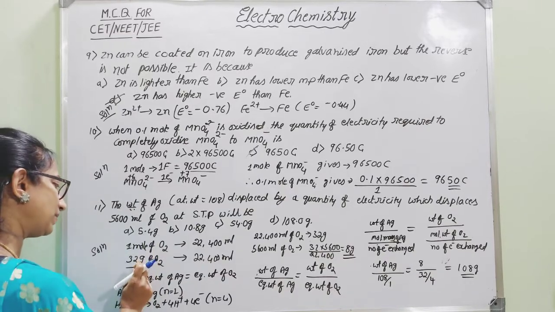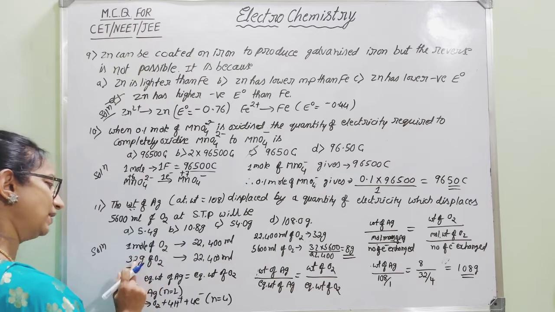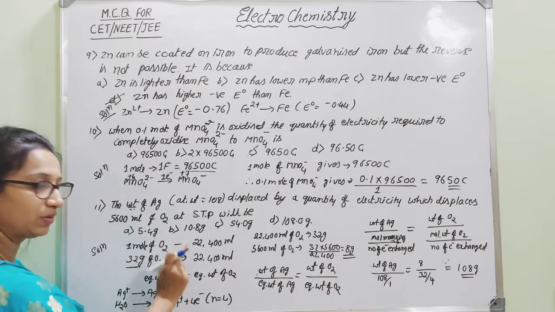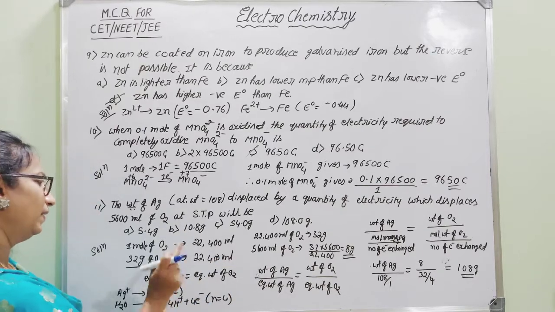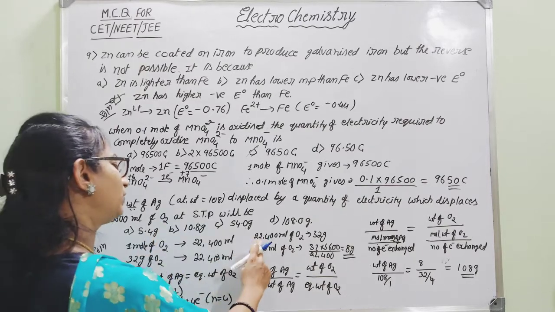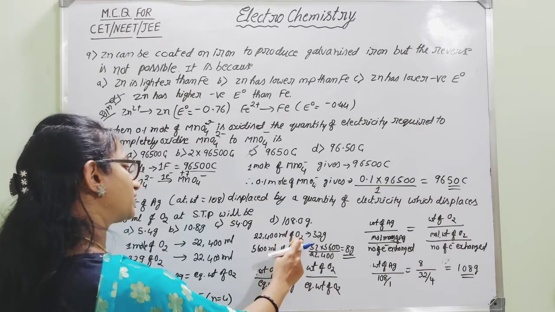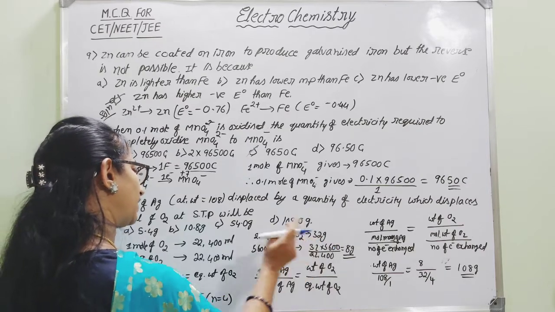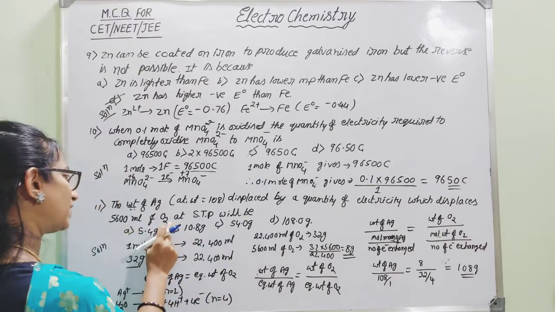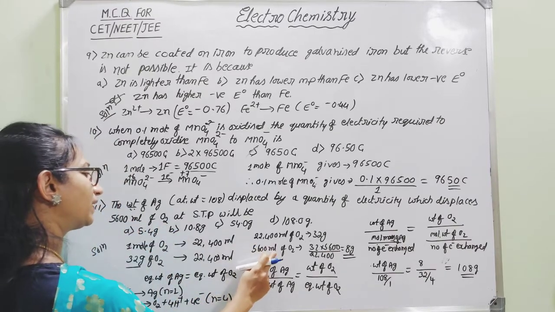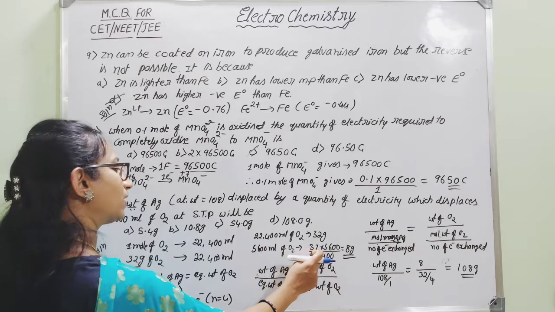So taking 1 mole as 32 gram, 32 gram of oxygen is equal to 22,400 ml. Then we can say that 22,400 ml of oxygen corresponds to 32 gram. Then, according to the problem, 5,600 ml of oxygen corresponds to what mass?